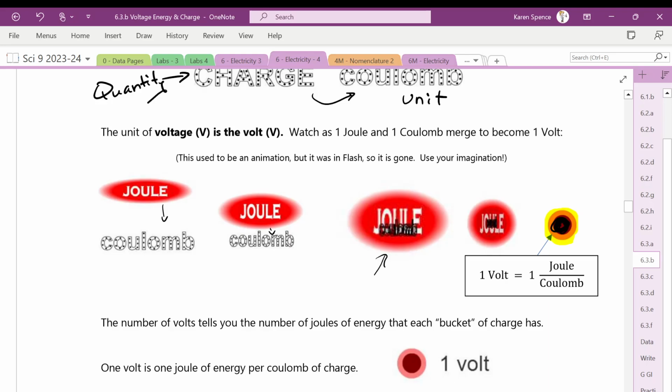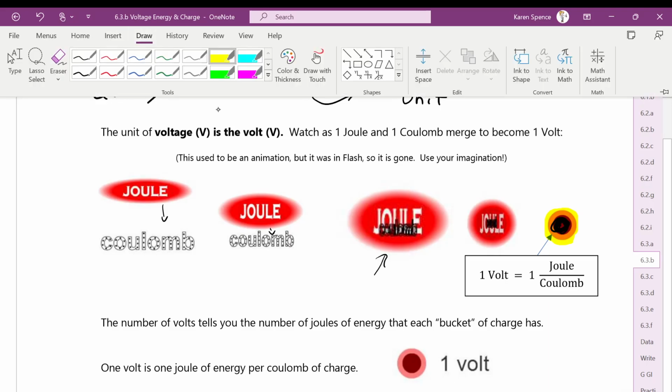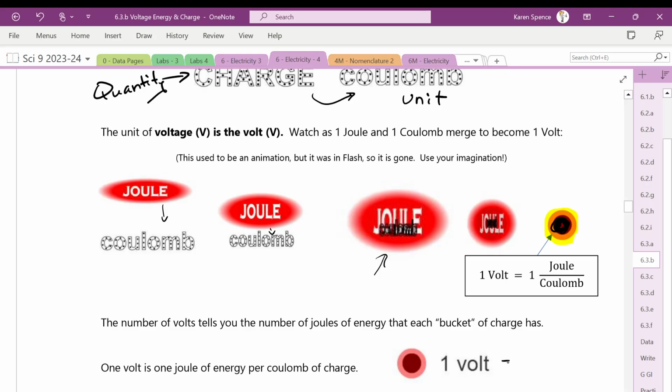So if we were to represent 1 volt, remember 1 volt is equal to 1 something over 1 something else. Do you remember? 1 joule per coulomb.